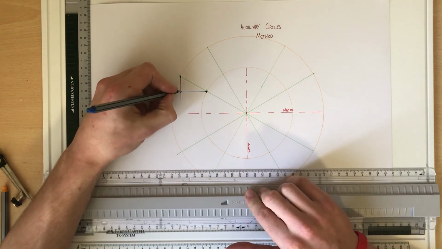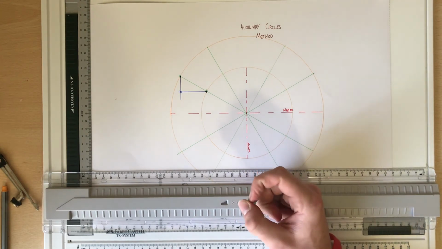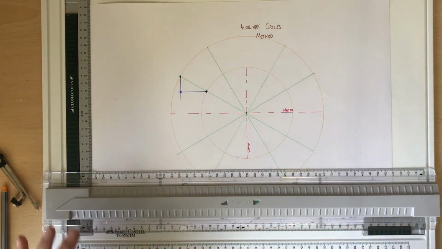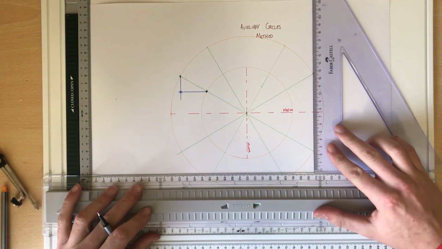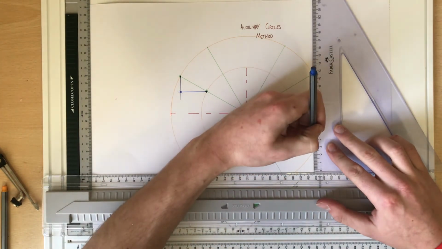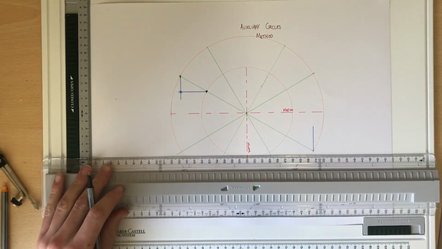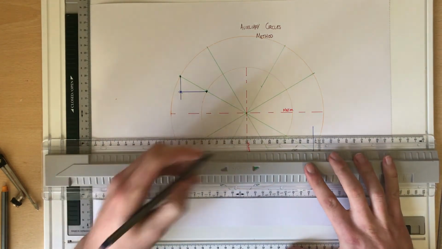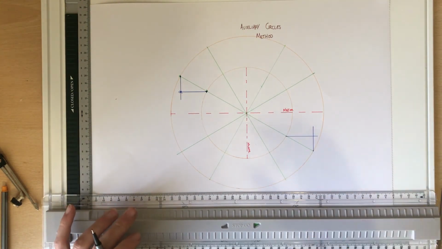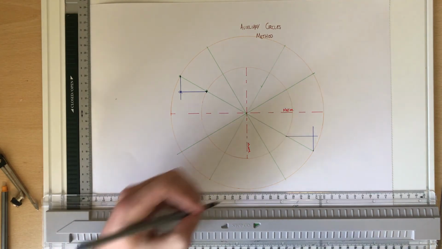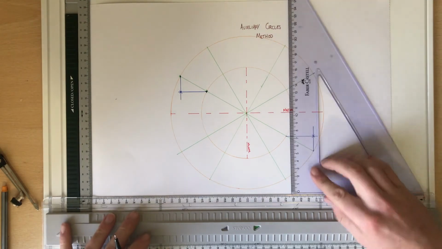The intersection of these two lines will give us a point, and this point lies on the ellipse. So if we recap, it's a vertical line that comes from the major auxiliary circle and a horizontal line that comes from the minor auxiliary circle. There's those two intersecting again, and this point here will lie on the curve.